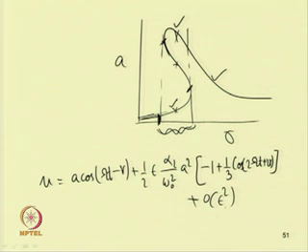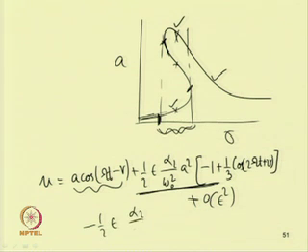One may note that in case of cubic nonlinearity we have this same term, but here one may note the presence of this term, that is, minus epsilon half alpha 2 by omega 0 square a square.